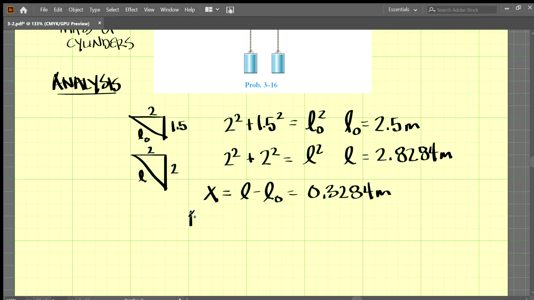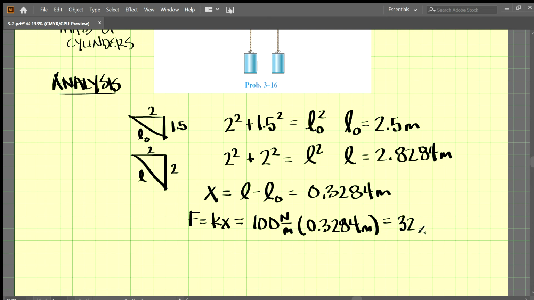So the force in each spring is equal to K times x. That's 100 newtons per meter times 0.3284 meters, and that force comes out to be 32.84 newtons.